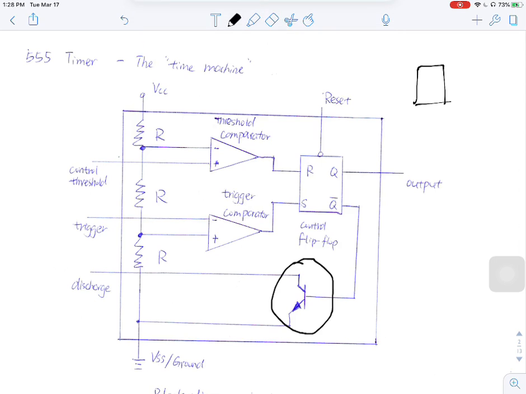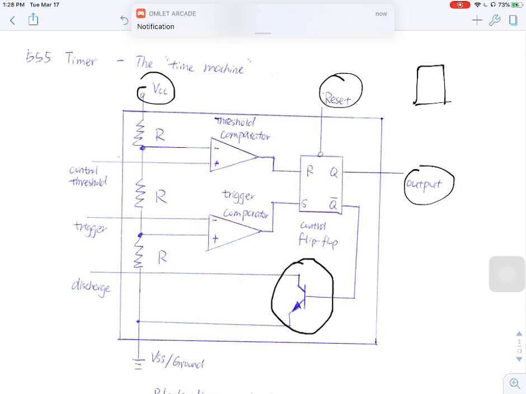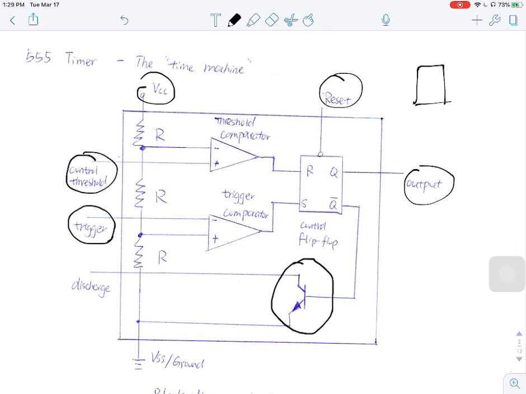It's a transistor. So those are the main components inside of this 555 timer. And it has a few pins. It has an output, reset, VCC, control, threshold, which is a voltage input signal, and a trigger input signal, and a discharge pin and the ground pin.